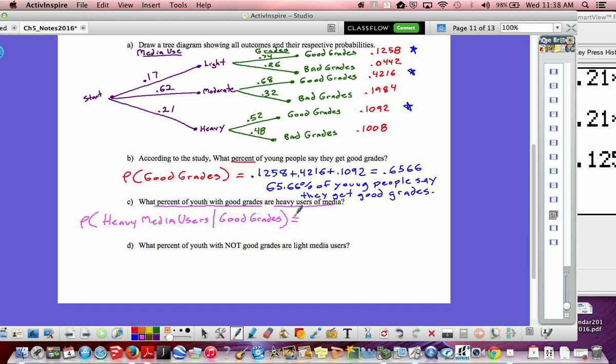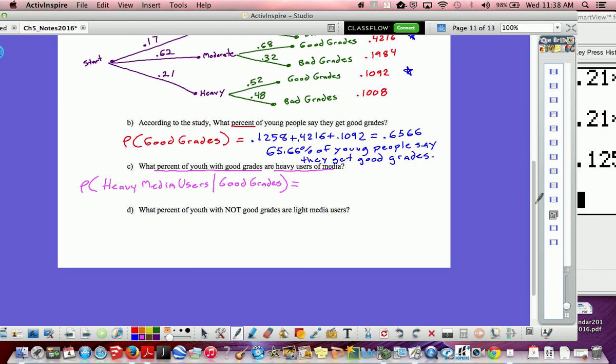So now, when I go to calculate this out, this is where the formula is very helpful. Because in the top, I'm looking at, well, what's the probability that if you're okay, heavy media users. So I'm going to just underline that so you know where I'm coming from. Heavy media users and good grades over the probability that they get good grades.